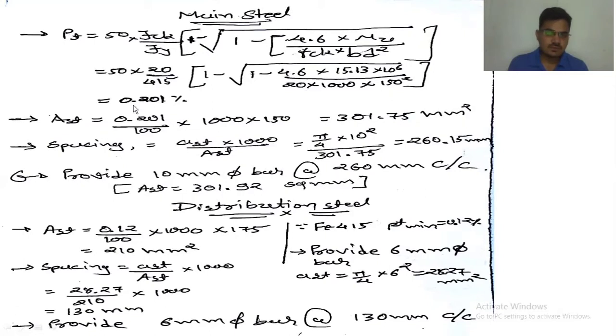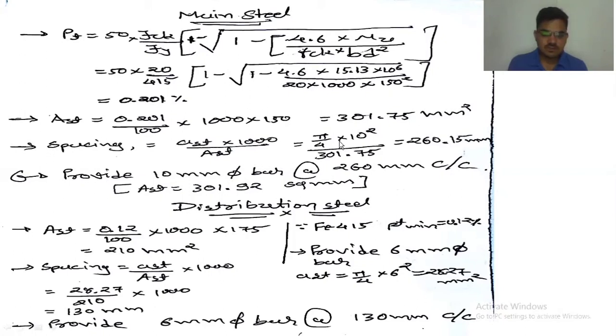So Pt is 0.201. Our area of steel is calculated from Pt into effective area, so B into effective depth. By solving this, Ast is 301.75 square mm.